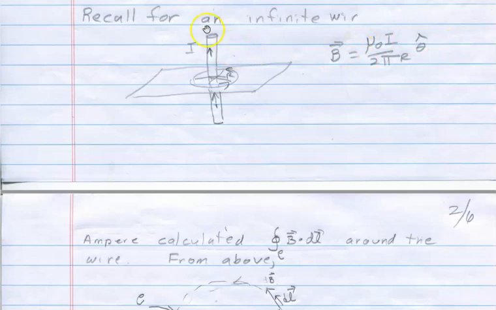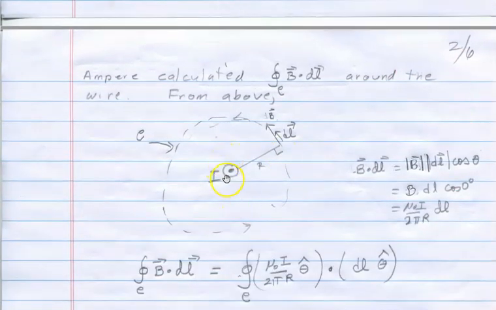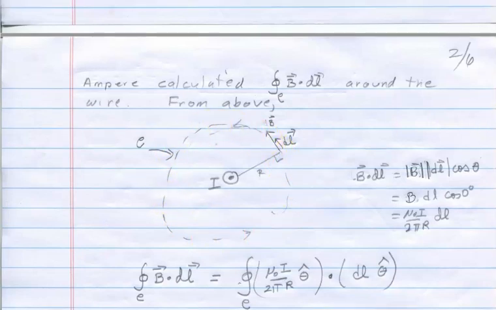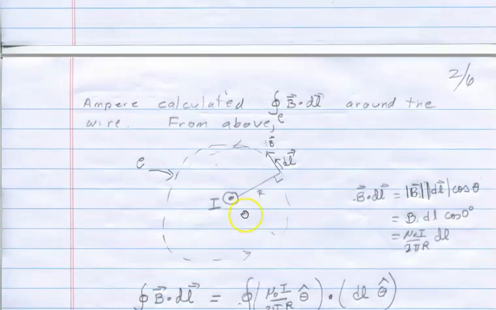I'm going to get on top and look down on this from above, and what I see is a picture like this. I've got I coming out at me. I can define a circular curve in the plane that's perpendicular to the wire. It could be any plane, but it has to be perpendicular. I go out a distance r on it, and I know what the magnetic field is at that point.